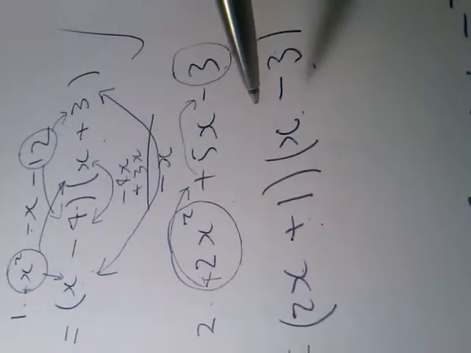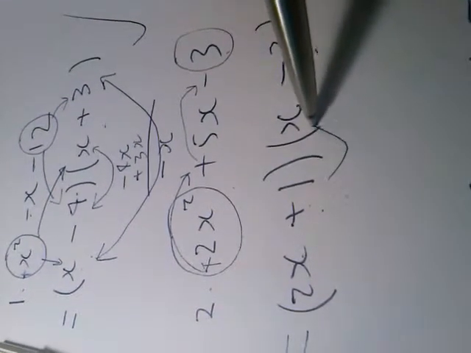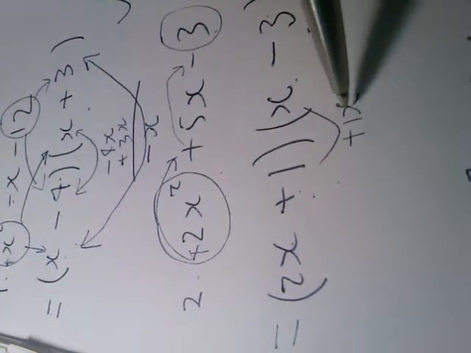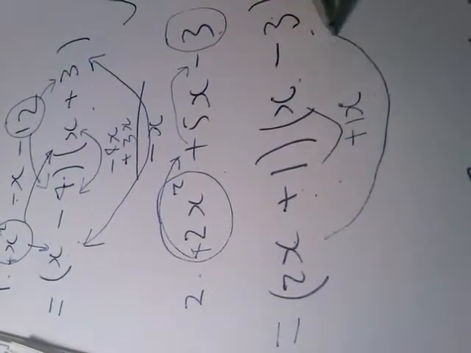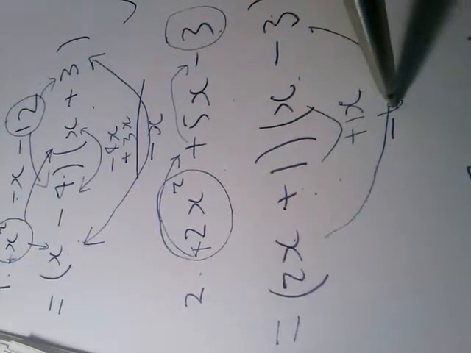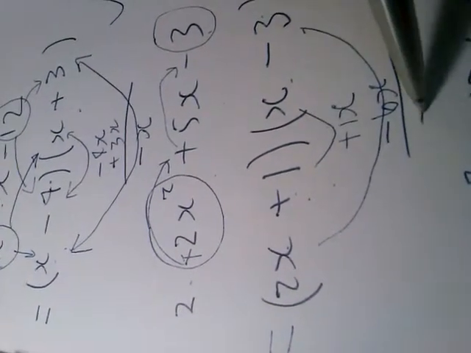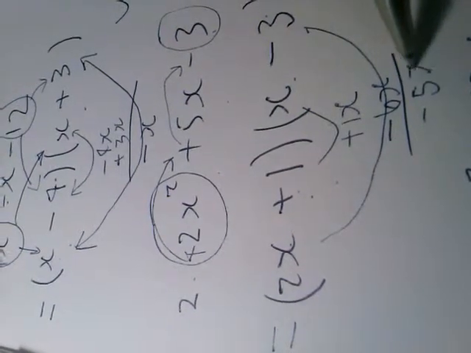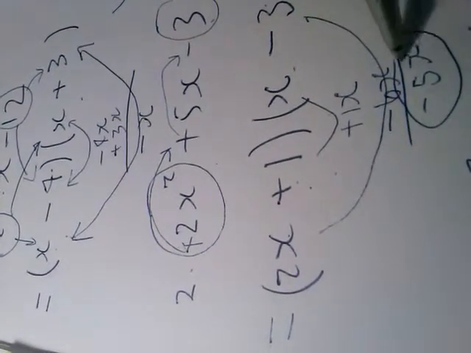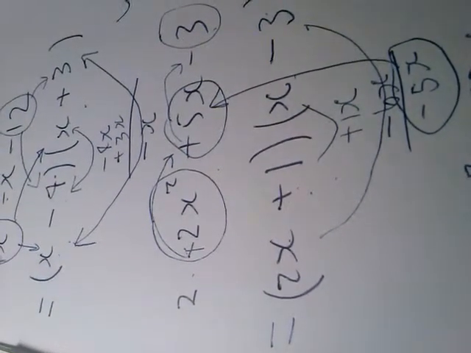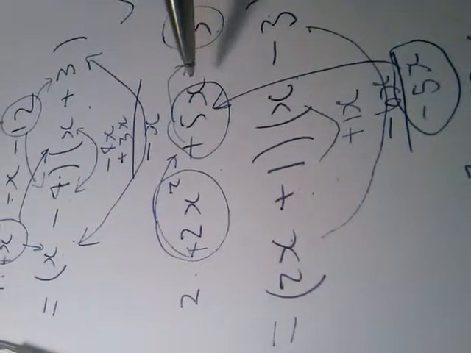Now I will check my answer by multiplying these two together, which gives me positive 1x, and these two together give me negative 6x. When I add them up, I get minus 5x, which is not the same as plus 5x. The only difference is the sign.